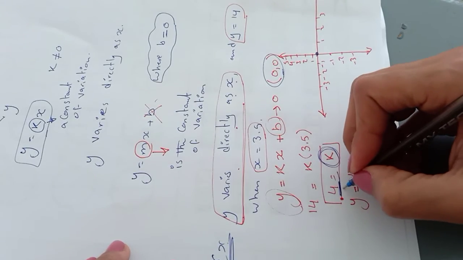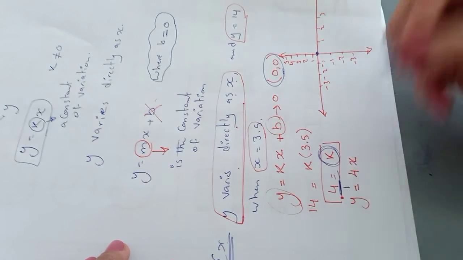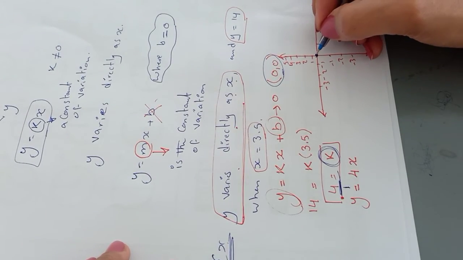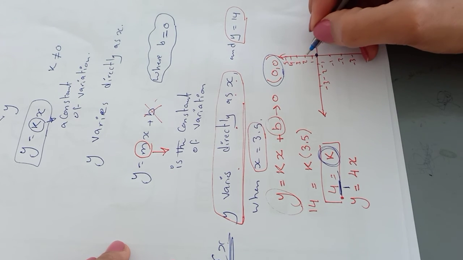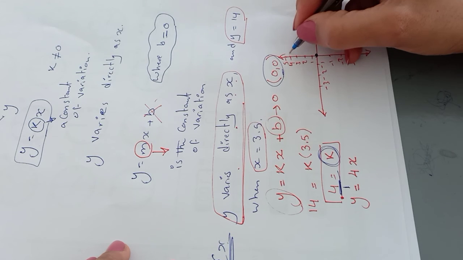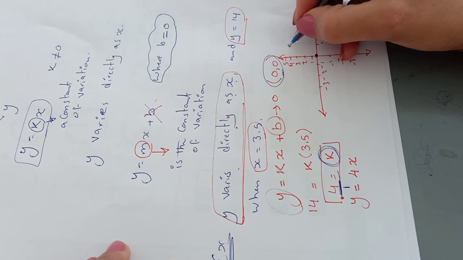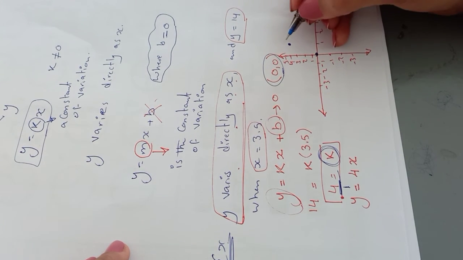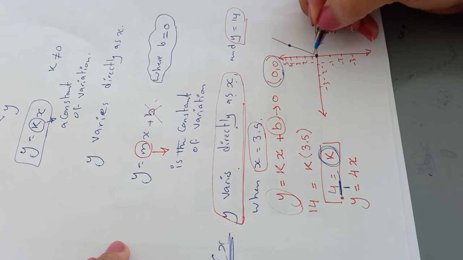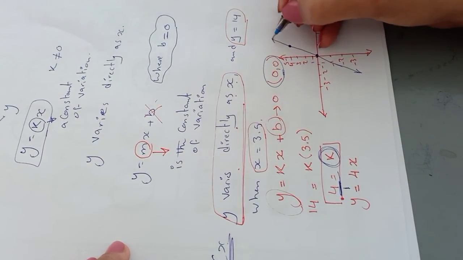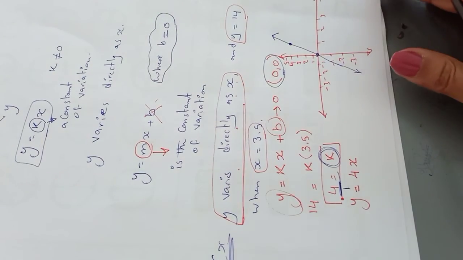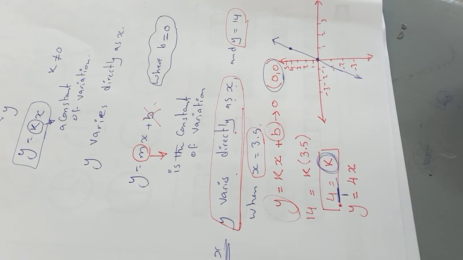The slope here is 4, which we can consider as 4 over 1. So we move 4 units up and 1 unit right. The line will be like that. That's it. Okay, this is the first part about the direct variation.